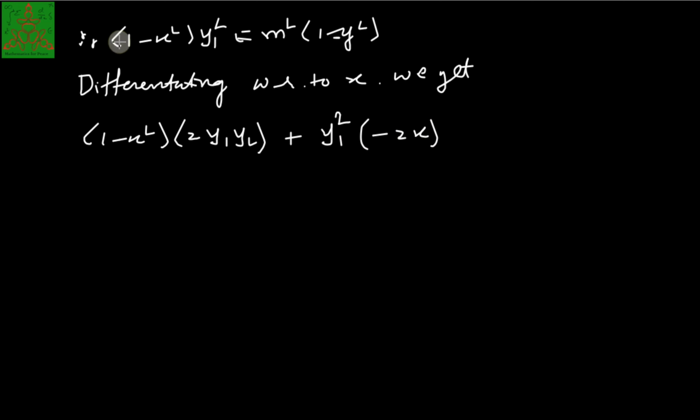The derivative of 1 is 0, of x square is 2x. This is equal to m square, a constant, as it is, times the derivative of 1 minus y square: the derivative of 1 is 0, of y square is 2y, and the derivative of y is y1. So it is minus 2y y1.